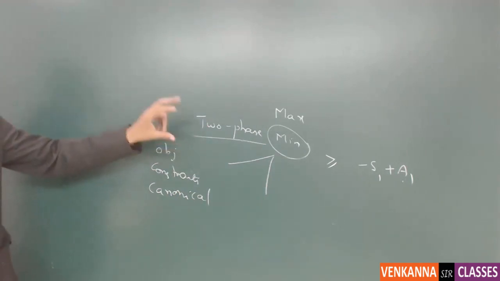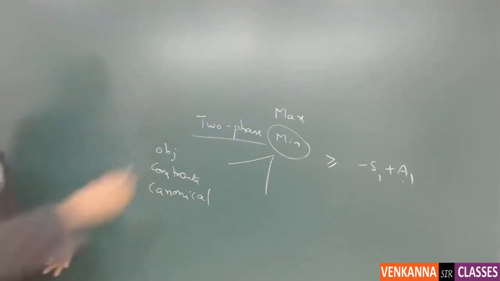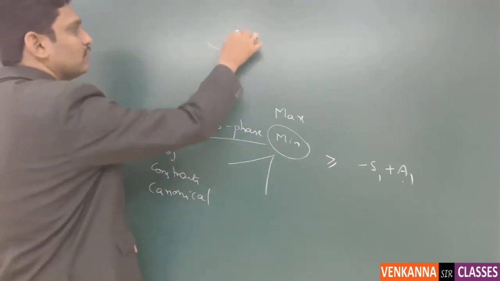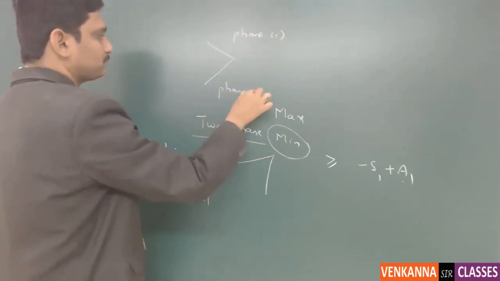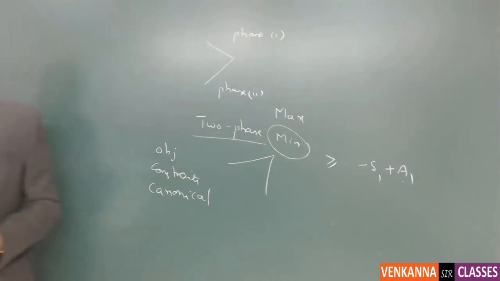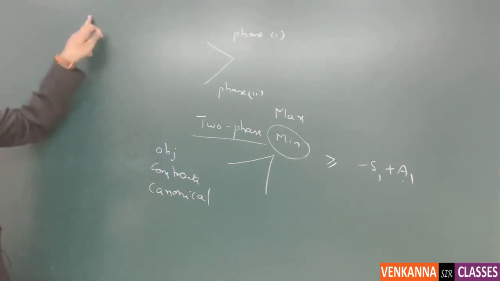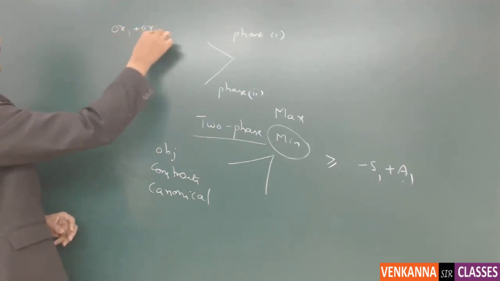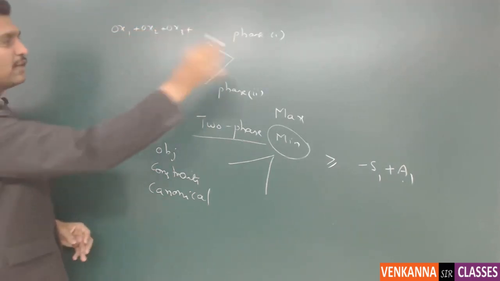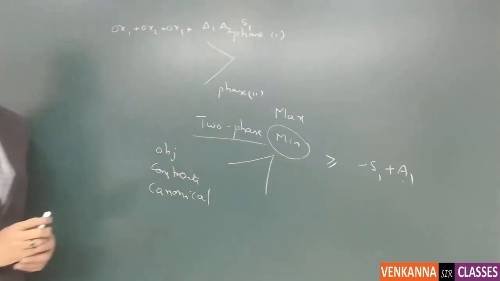In two-phase, we solve the problem in two phases, phase 1 and phase 2. In phase 1, in the objective function, we take all the coefficients as 0, 0x1, 0x2, 0x3, and only the artificial variables as well as slack variables will come.